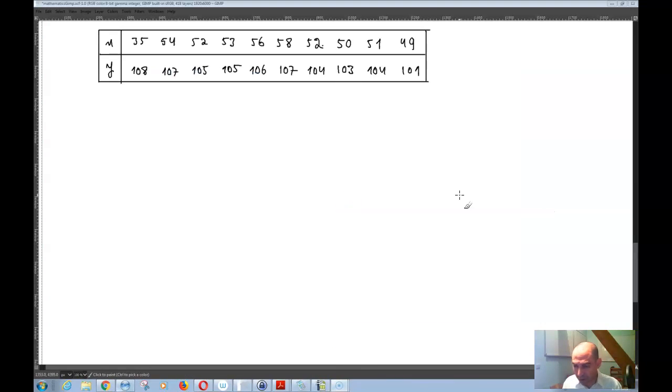Okay, so now in order to calculate which of these shares, these are the prices of two different shares in the stock market, was more stable, you need to calculate the coefficient of variation, which is the same thing as sigma over x bar times 100.